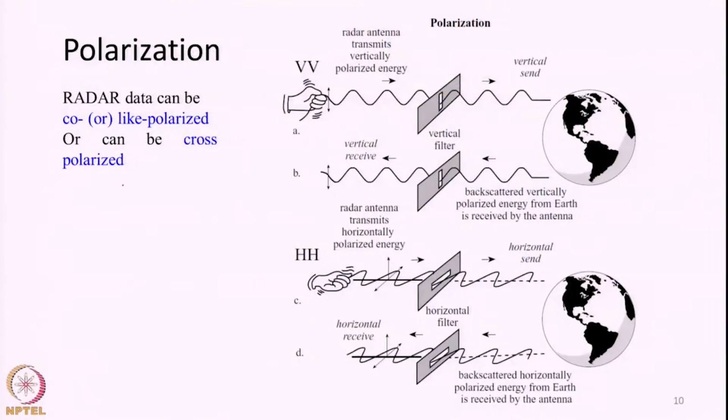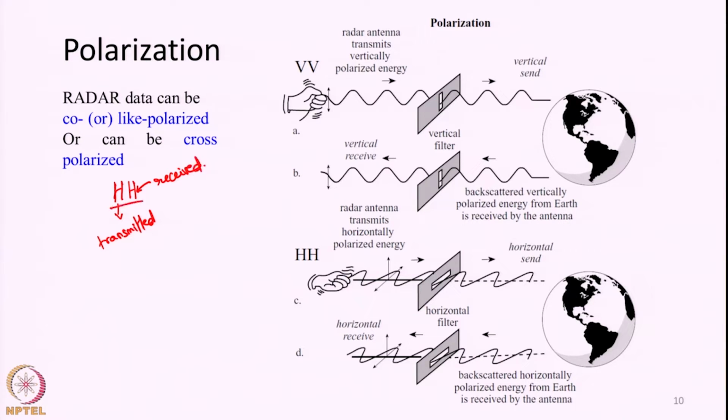The system is going to transmit only in horizontal polarization, which we indicate with the label H. Then this wave will move towards the object, get reflected and come back. Let us say the system is also going to receive only EMR that is horizontally polarized. So, the first H indicates the polarization of the wave that is transmitted, and the second H indicates the polarization of the wave that is received.